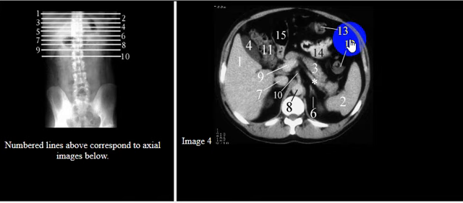The hepatic flexure is where the ascending colon turns to the transverse colon. The splenic flexure is where the transverse colon turns to the descending colon. The transverse colon is the longest part of the colon, and it may dip down to the pelvis. Its blood supply is from the middle colic artery, a branch of the superior mesenteric artery.